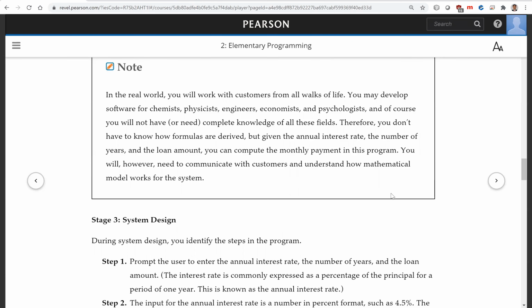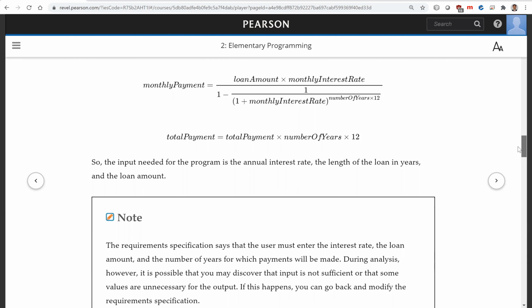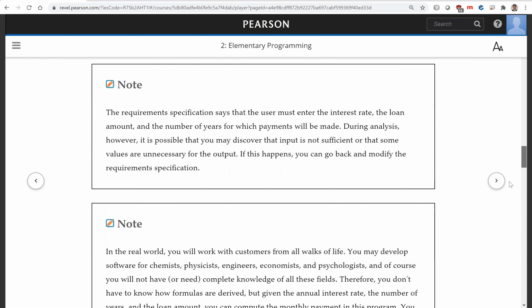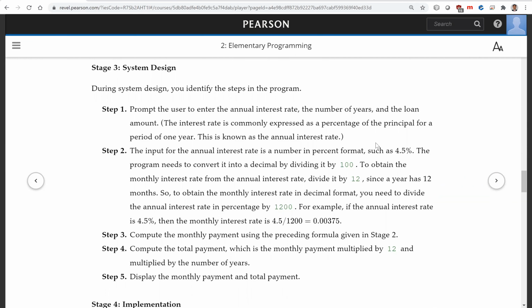Now, I'll get to the system design. So here's the design. We design the steps for implementing the program. First, we're going to prompt the user to enter the annual interest rate, the number of years, and the loan amount.